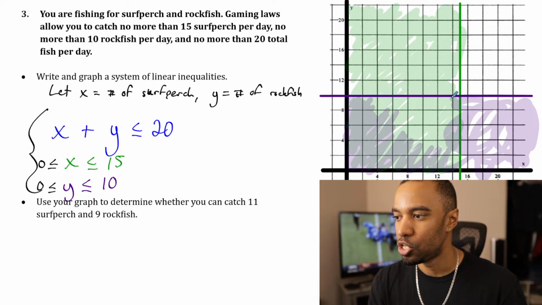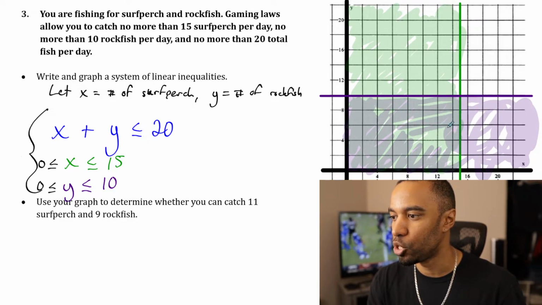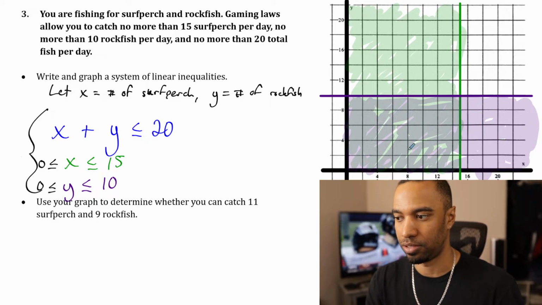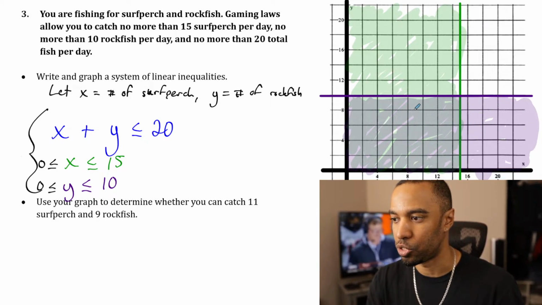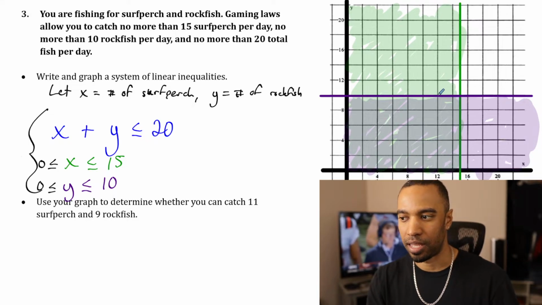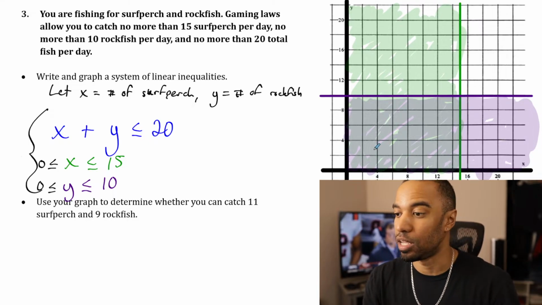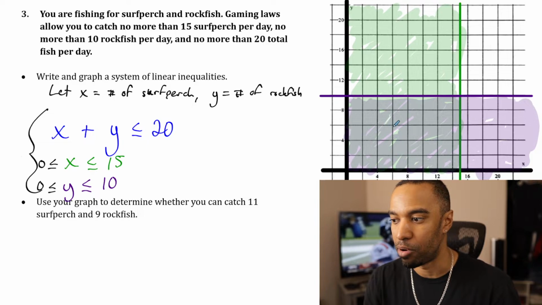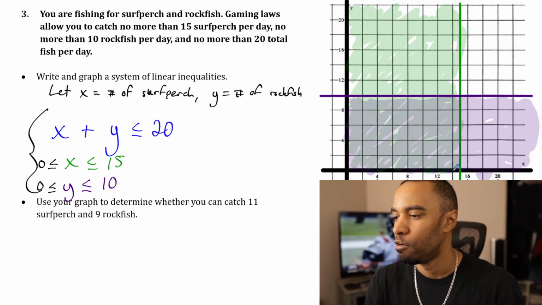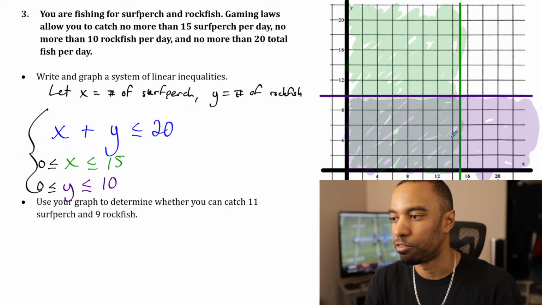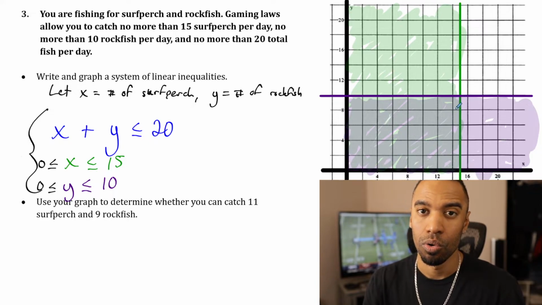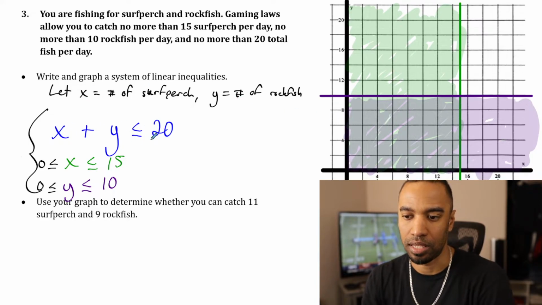Maybe I'll only shade where it only intersects. But I'm showing you right now what Y could be if we weren't restricting anything else. If we weren't restricting X and if we weren't restricting our total number per day there. But that's the shaded, the intersection shaded region of both. But could I catch, say, 14 surf perch and 8 rockfish? Well, we'll see if that really exceeds within here.